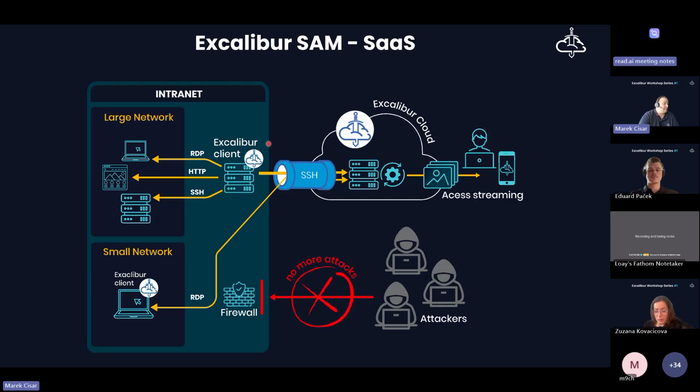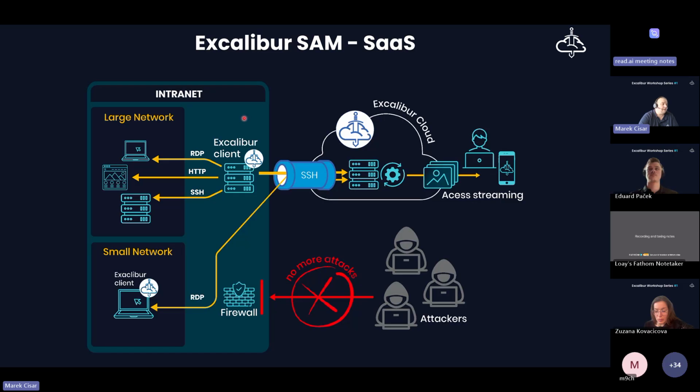And how does it work? When you install, activate or configure the Excalibur tunneling client, it will try to connect to the Excalibur cloud. So the connectivity goes from inside to outside, not the other way.